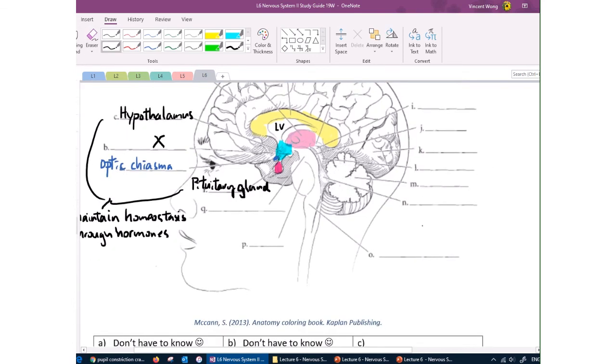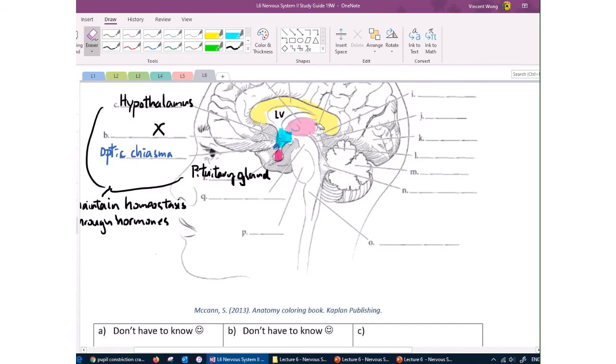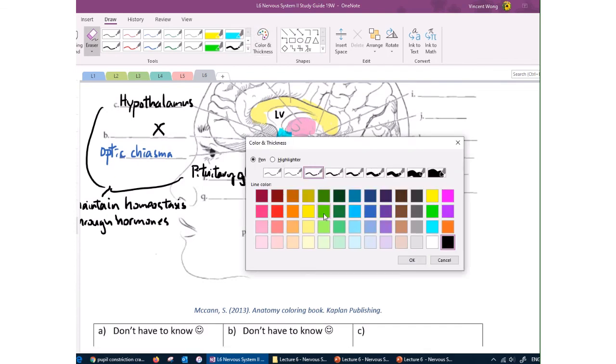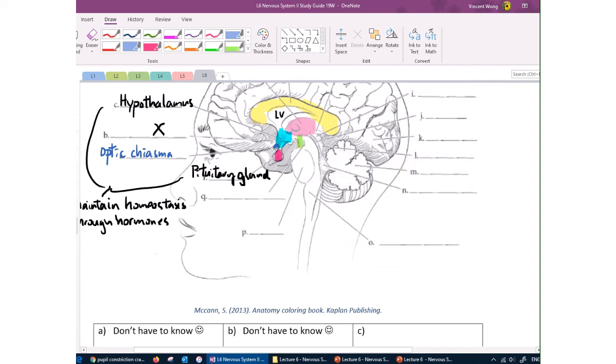What else can we label here? All right. Below the thalamus, you will have the first part of your brainstem. Okay, so that is the first part of the brainstem, and we call that the midbrain. Midbrain.